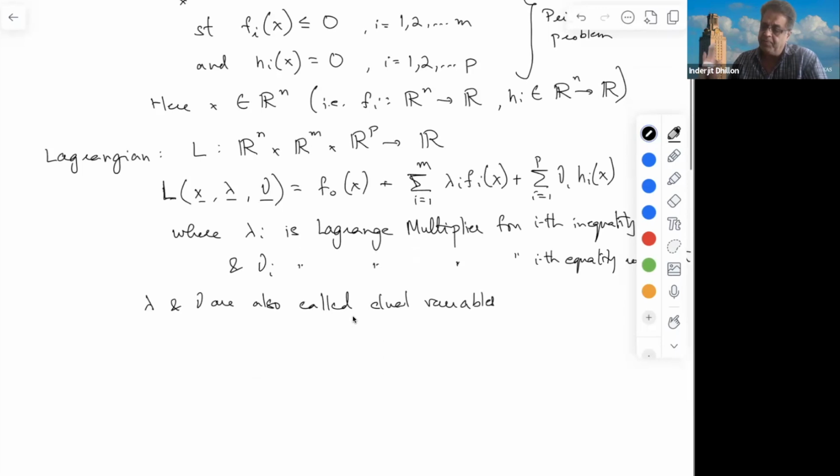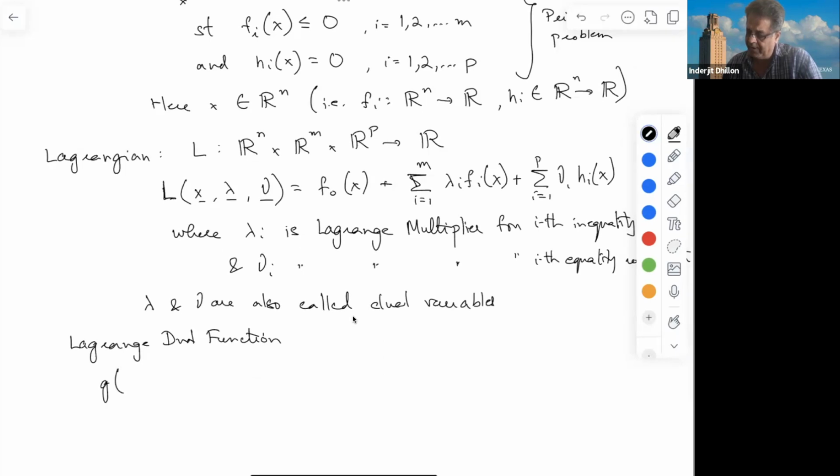Again, I'm repeating stuff from last time. We looked at this Lagrange dual function, which is just a function of the dual variables, so it's a function only of lambda and nu. The way we do it is we take the Lagrangian and take the infimum over x.